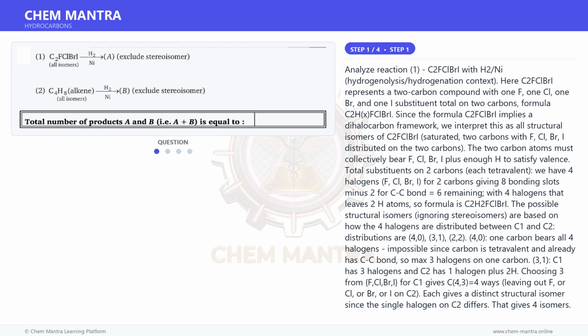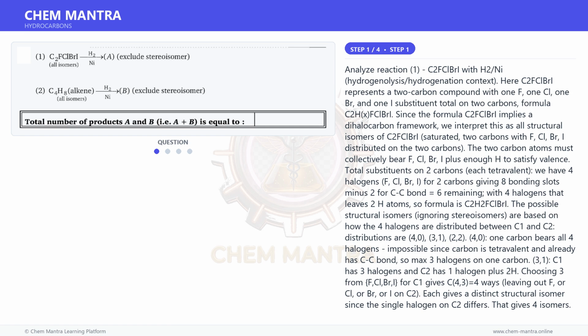F, Cl on C1 and Br, I on C2 is the same compound as Br, I on C1 and F, Cl on C2. So unique combinations is equal to 3. Total structural isomers of C2H2FClBrI is 4 plus 3 equals 7.